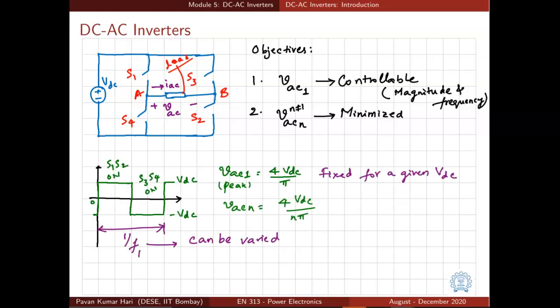With the objectives of the inverter defined: because this is a voltage source inverter, we are trying to create a voltage which is defined, but the current drawn depends upon the load. That is why the type of inverters that we are discussing are known as voltage source inverters, VSI.